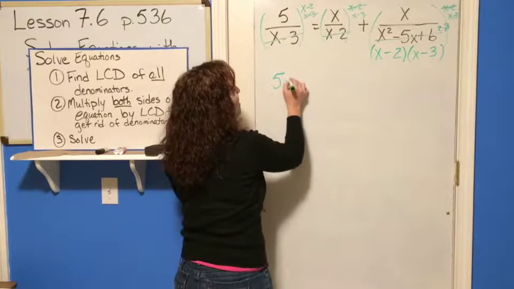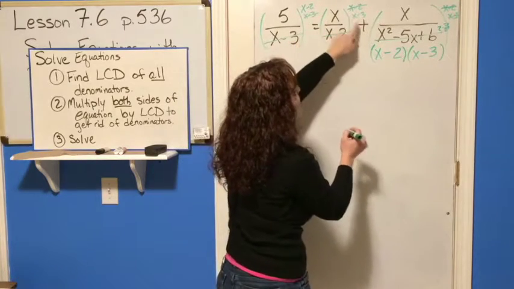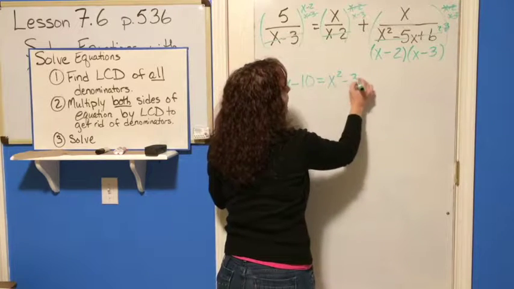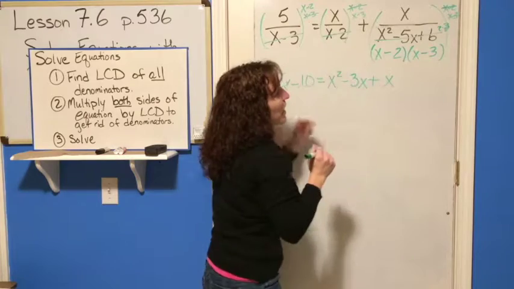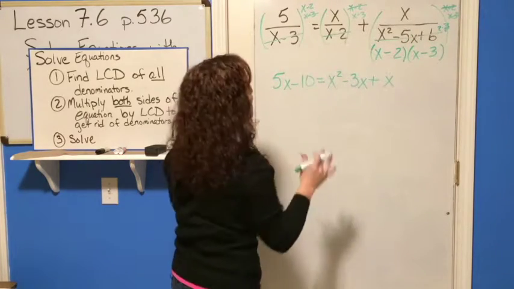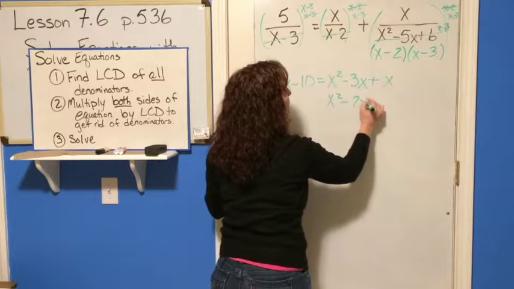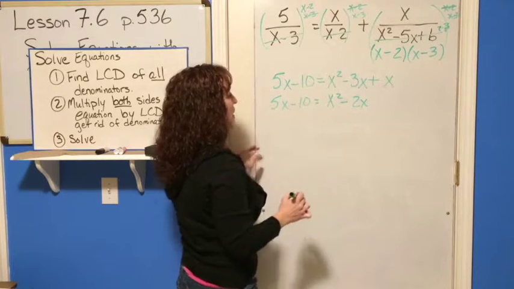So now I have my 5 that I need to distribute through the x minus 2. So 5x minus 10 equals, and the x needs to be distributed through the x minus 3, so x squared minus 3x plus, and all that's left here is just x, because the denominator canceled out and I don't have anything to multiply by. So combine like terms, x squared minus 2x equals 5x minus 10 on this side.